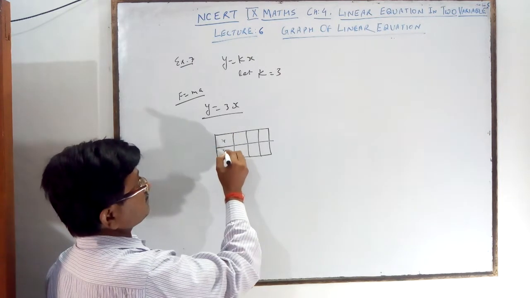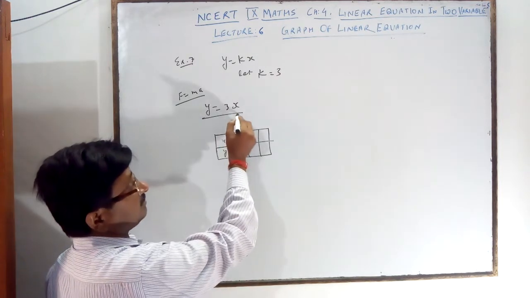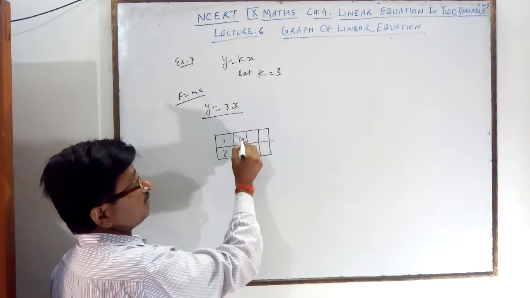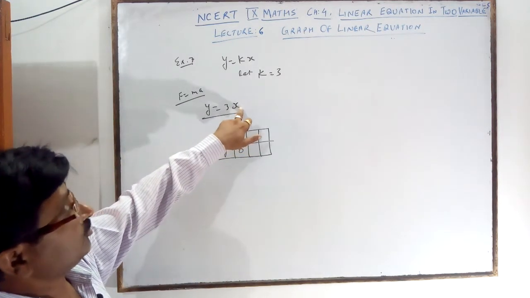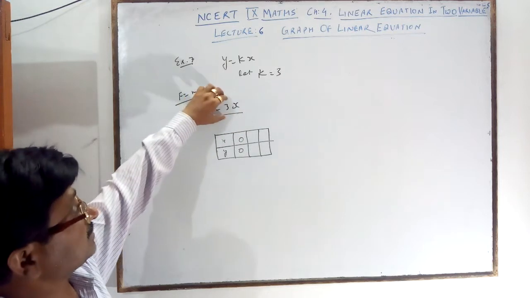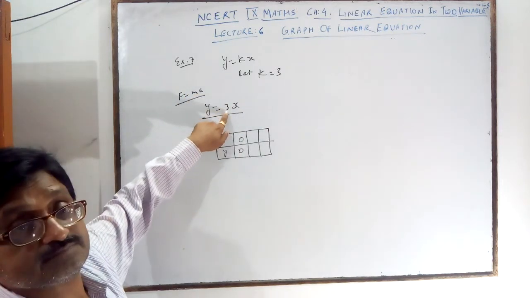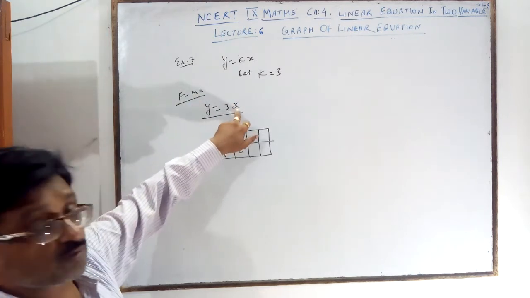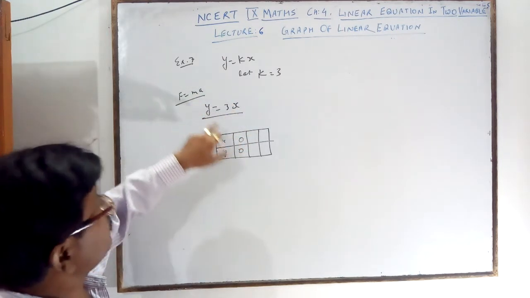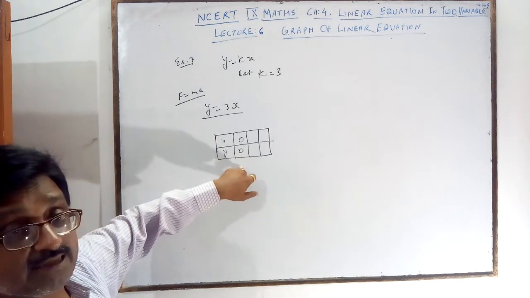Here y in terms of x. Put the value 0, you are getting 0. At the place of force applied, the constant mass is 3 kg. X is any value. If x is 0, force you applied, then 0 you will get.